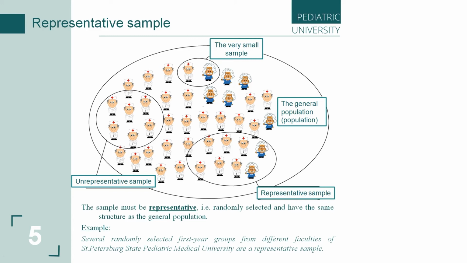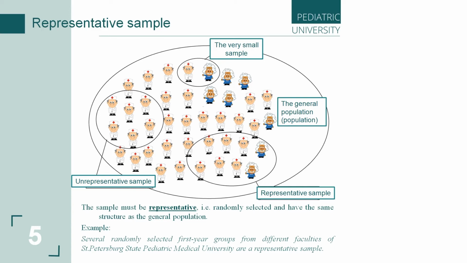For example, if we take only the medical specialists, the sample will also be unrepresentative because it does not reflect the entire structure of our population, as I said. Another example is a very small sample, for example, only one group, or only 10 students, for example, one from the dentists, one from the therapists, and other students, yeah.